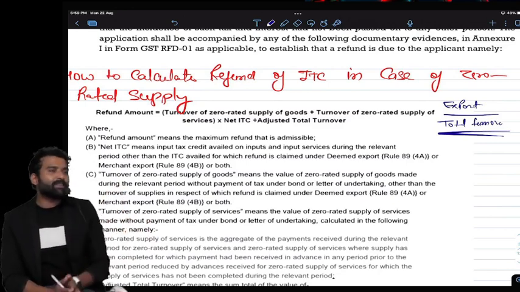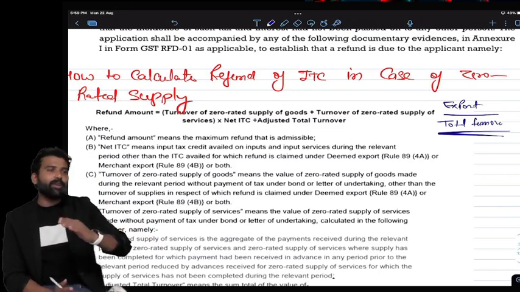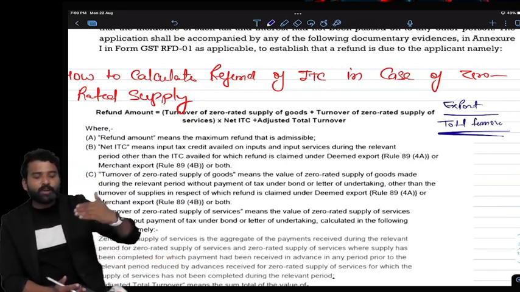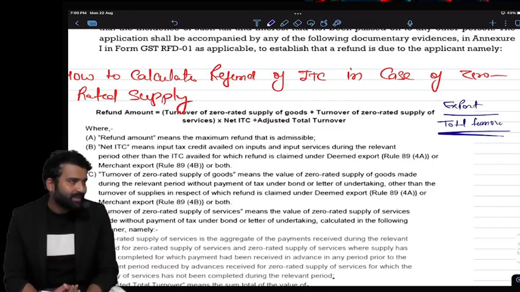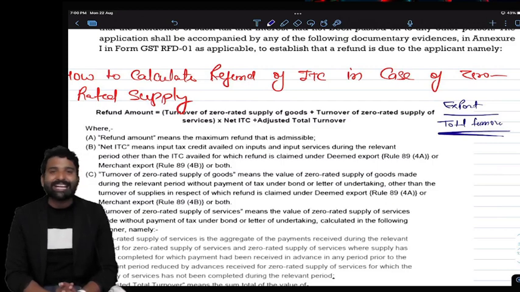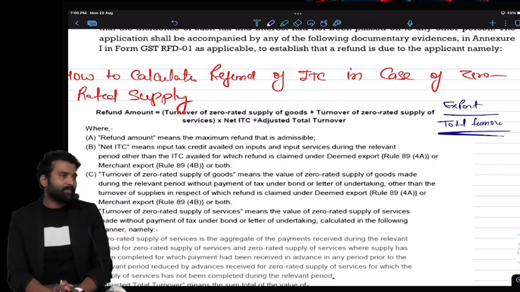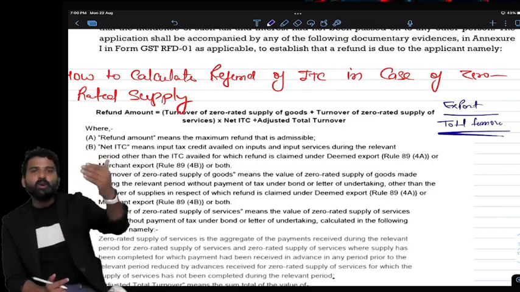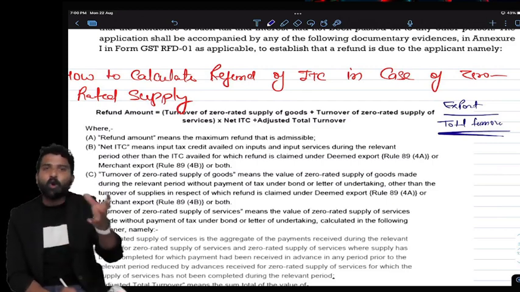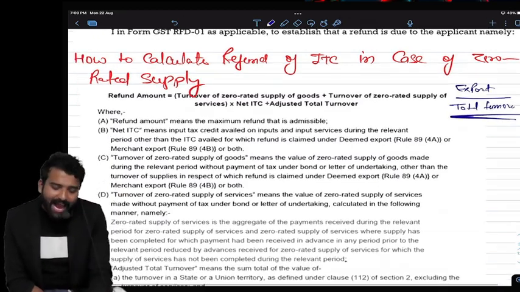Like my 60% turnover is export, and I am doing 100 rupees turnover. So of course I am eligible to claim refund of only 60% ITC. I cannot claim refund of 100% unutilized ITC because maybe that ITC belongs to my domestic turnover as well. So in that case, I have to calculate the proportionate ITC which belongs to the export turnover. And for this, I have a formula.